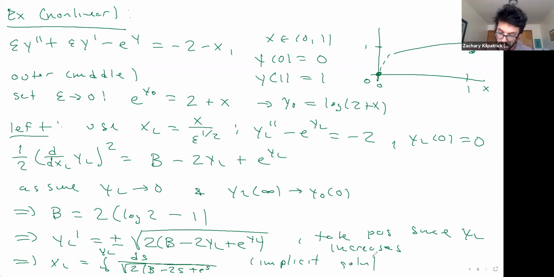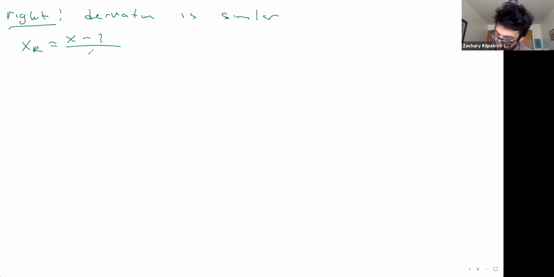Now, this implicit solution, right, it still has this coefficient in it that we matched here, okay, using our boundary condition. So even though it's implicit, we can still pick up all the free coefficients. On the right, our derivation is similar, and we have xr equals x minus 1 over epsilon to the 1/2.